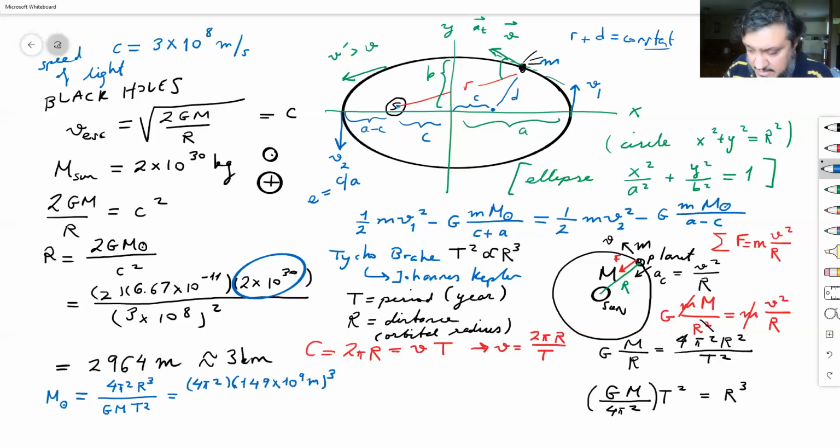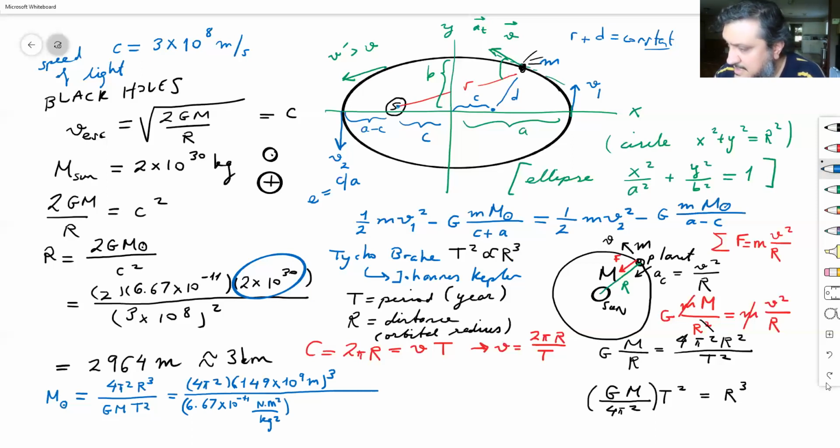All right, and you divide this by G, 6.67 times 10 to the power negative 11 Newton meter squared per kilogram squared. Okay, I put an m there by mistake. Sorry about that. I already have m on the other side. So get rid of this m here.